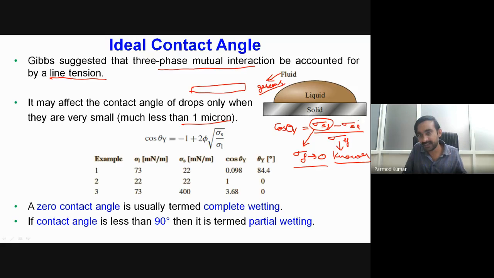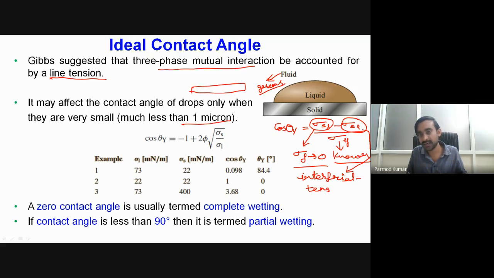Another thing we will do: this sigma SL here is our interfacial tension. Why interfacial tension? Because it is the interactive force or adhesion force between the solid and the liquid molecules.